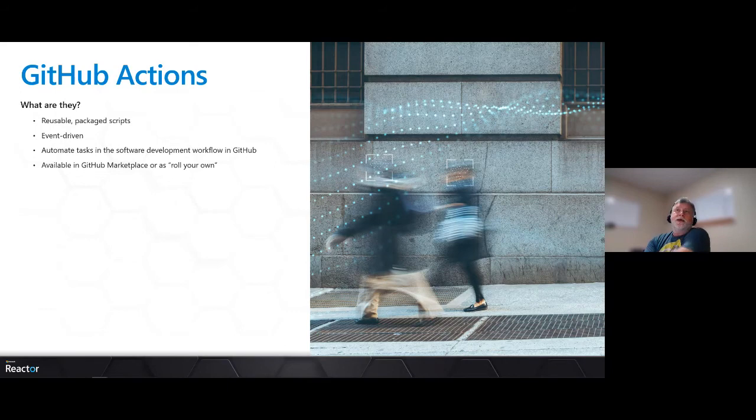We'll actually add a GitHub action to our workflow today from the marketplace that allows us to automatically label a branch on approval of a pull request. And if you can imagine, when that pull request is approved, the action will automatically label it with a given, specifically configured label.